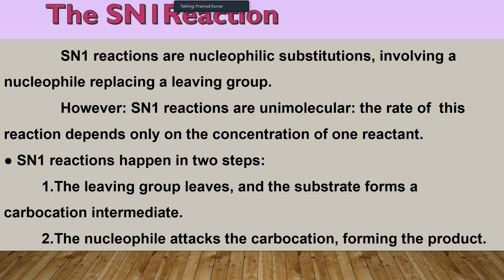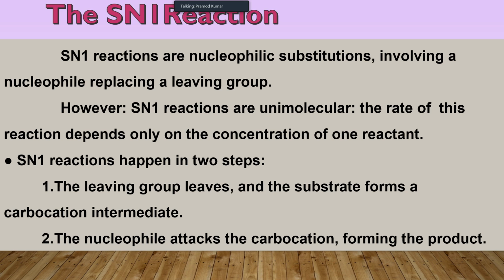Now let's go to the SN1 reaction. What is SN1? Substitution nucleophilic unimolecular. This reaction depends only on the concentration of the substrate, not on the concentration of the nucleophile. That is very important to remember.